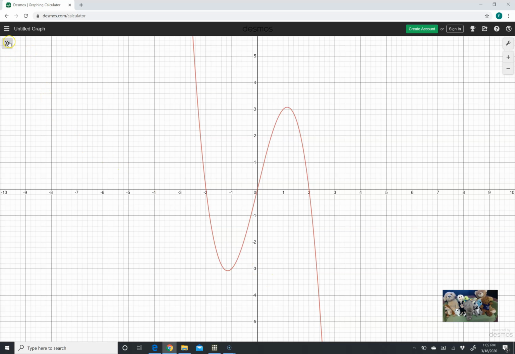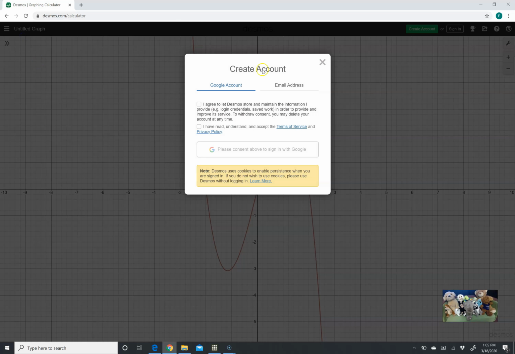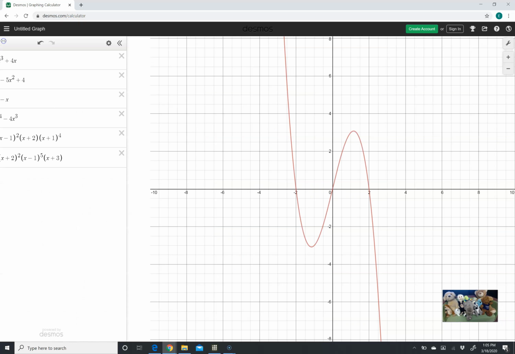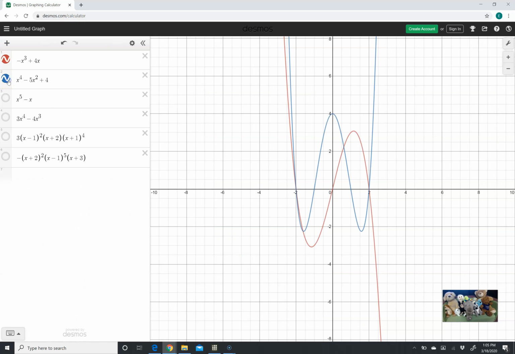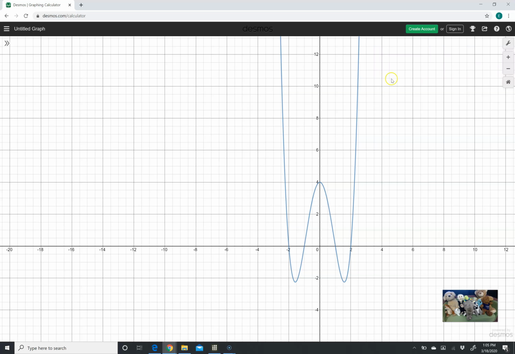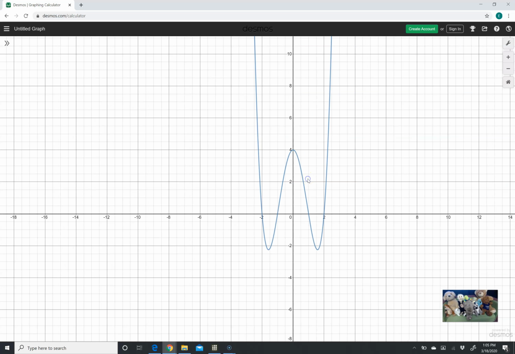Okay, if we take a look at another polynomial, so if we look at this polynomial, we are decreasing left to right.